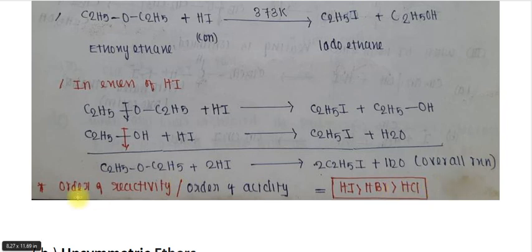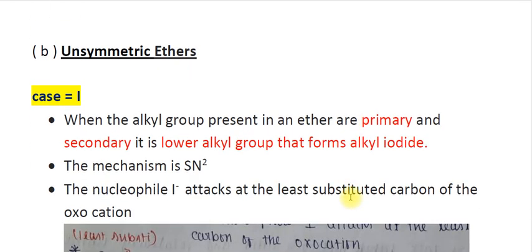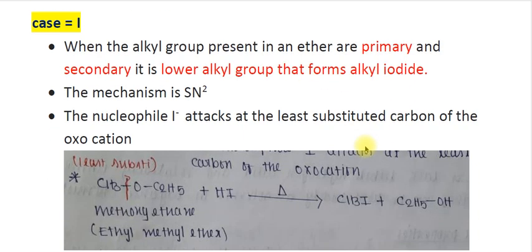The order of reactivity or acidity is HI greater than HBr greater than HCl. Next, I am going to talk about the condition for an unsymmetrical ether. What will happen for an unsymmetrical ether? Case 1: when the alkyl groups present in the ether are primary and secondary, it is the lower alkyl group that forms an alkyl iodide.